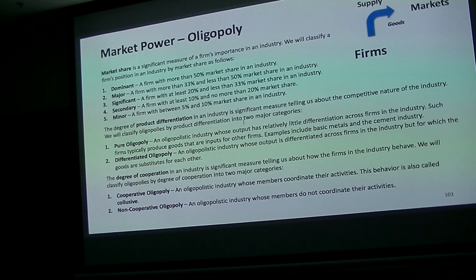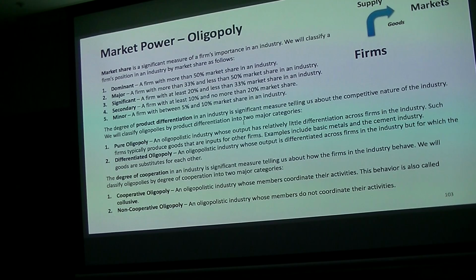In oligopolistic competition you do have some competition, but if the firms collude and act effectively as a single firm, then the firms are acting as if they're a monopoly.